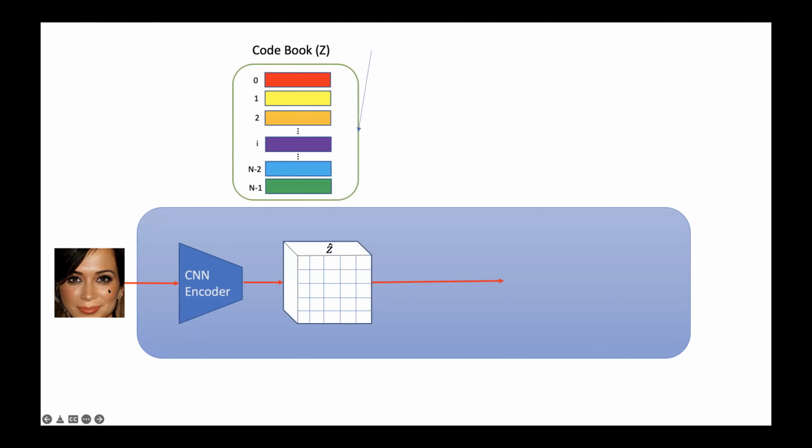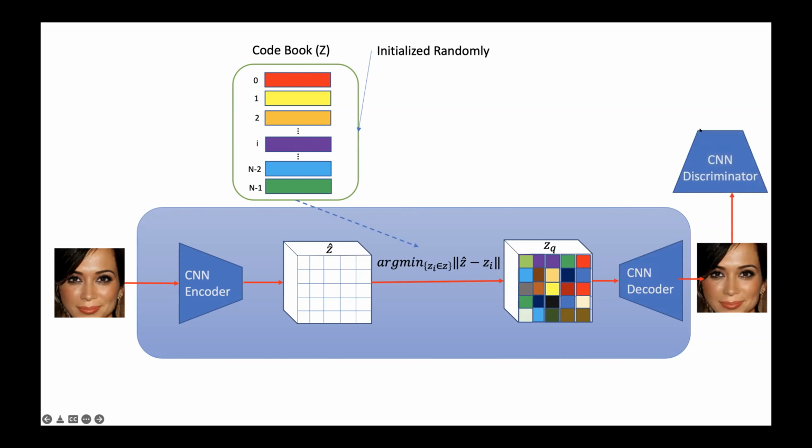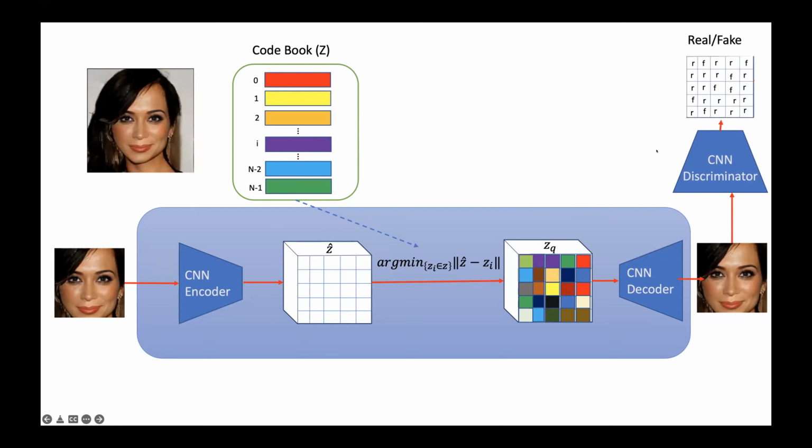To summarize the architecture, the flow of data is like this. They initialize the codebook randomly, feed the image through this architecture, quantize it and get the image reconstruction. They feed it to the discriminator as well as the original image, and train the whole architecture. After training, the codebook should be expressive of the features in that particular data set.